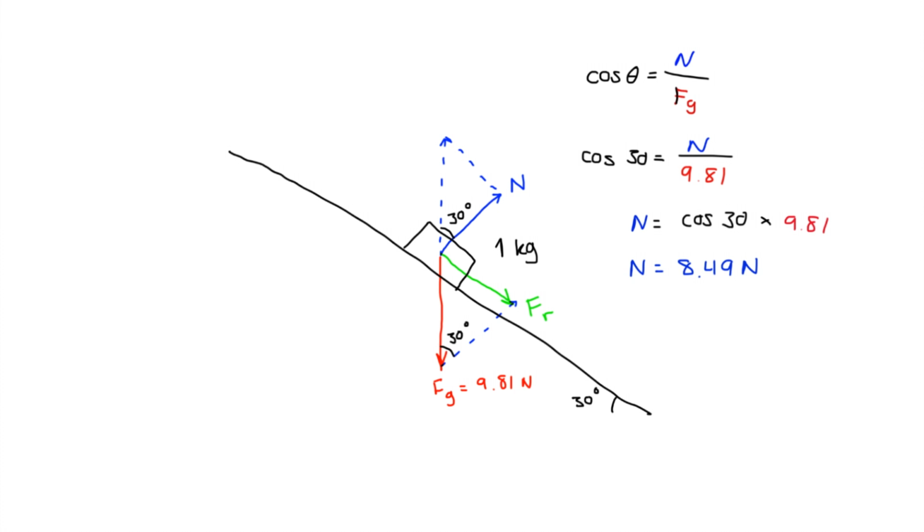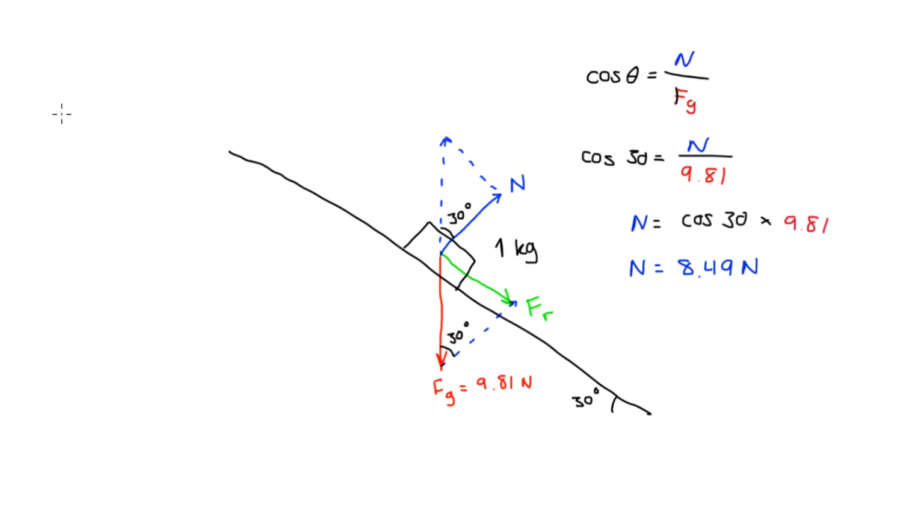Alright, next let's figure out what the value of the resultant force would be. Well, if we know that this is the adjacent side, then this must be the opposite side. So this too will be the opposite side. And so when we have an opposite side and the hypotenuse, then we can use the sine function.